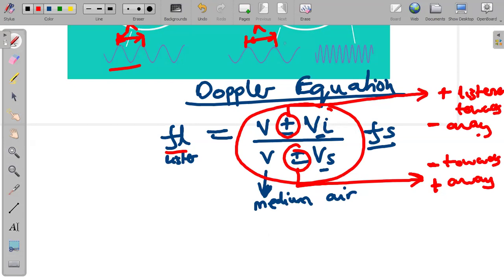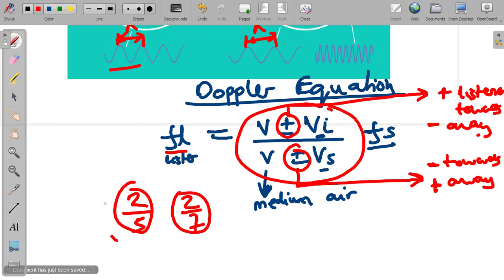How can it be greater? By adding. But the denominator must be kept as small as possible, because comparing any two fractions, let's talk about, for example, 2 over 5 and 2 over 7. 2 over 7 is a smaller value than 2 over 5. Why?